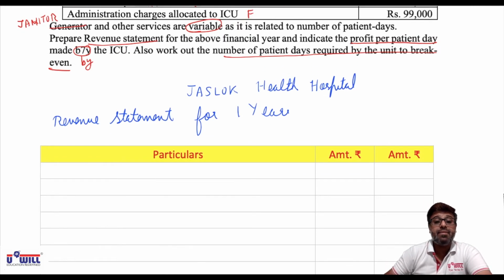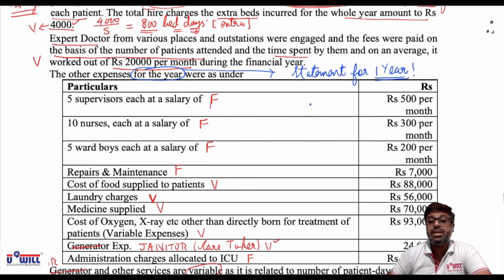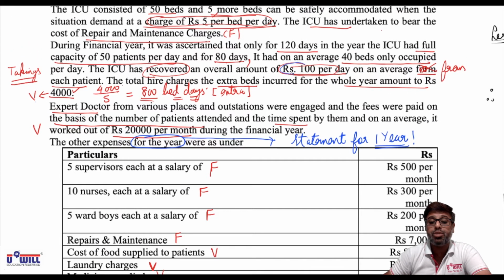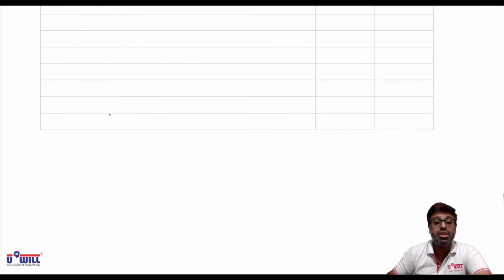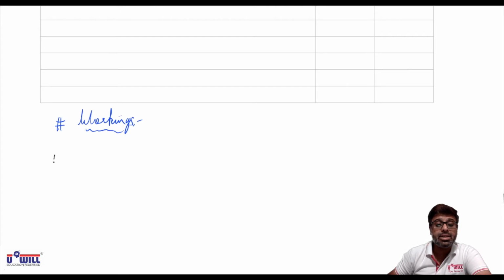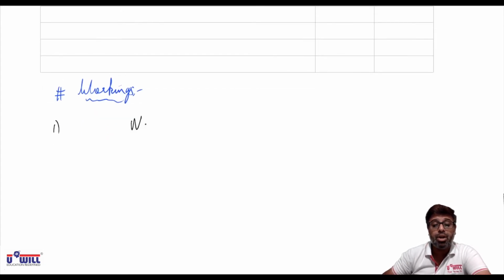Now, before we start with this, because the very first thing we find, the takings, will itself depend on number of patient days. 100 is to be multiplied with the number of patient days in a year. So first from this whole paragraph, we'll find the number of patient days. So below this table, all of you write down as workings. How will we find the number of patient days? Okay, it's a simple calculation. Either you can take number of patients or you can take number of beds.